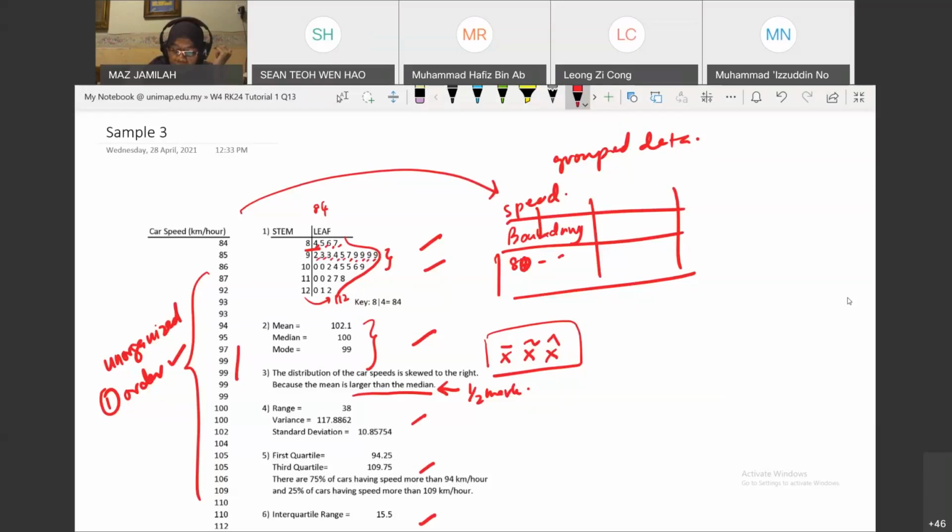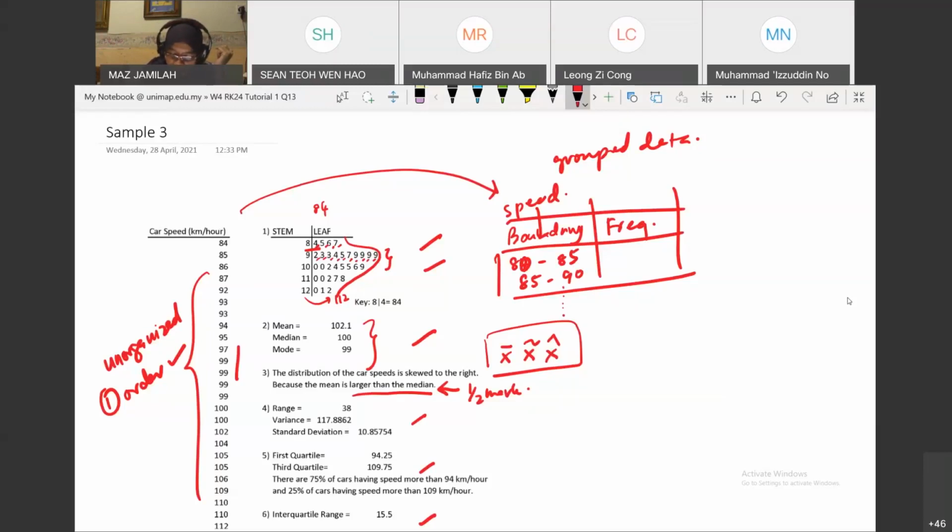Let's say 80 to 85, 85 to 90, and you will have the rest of the boundaries for your data, and you will have the frequency. So how many of your data is between 80 to 85?